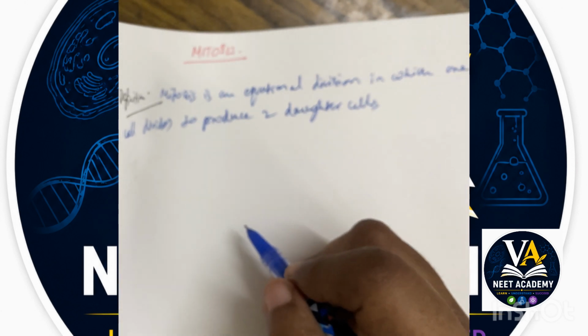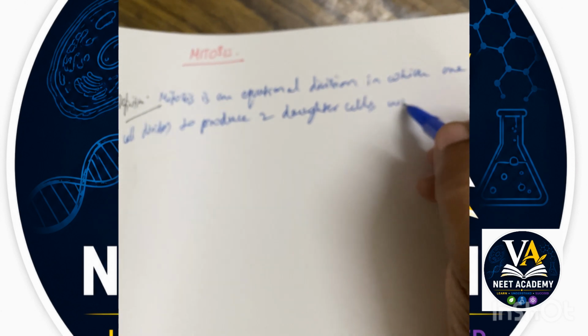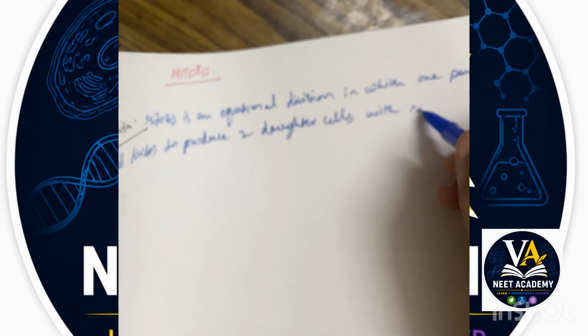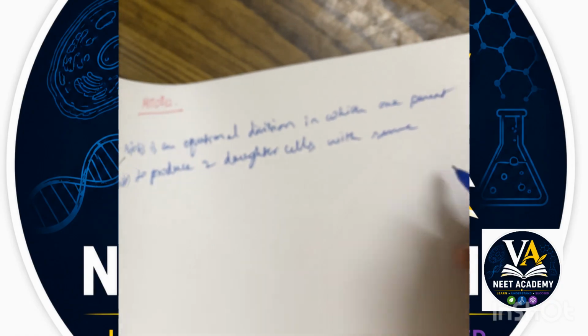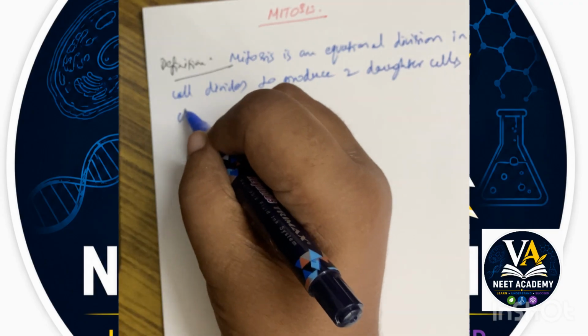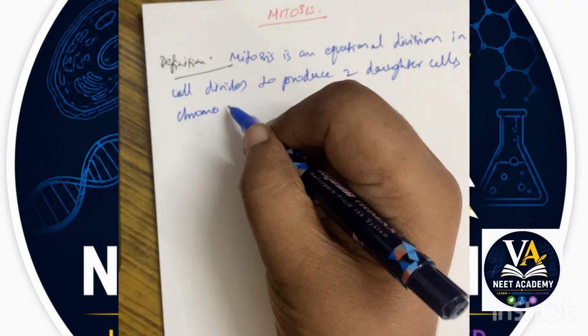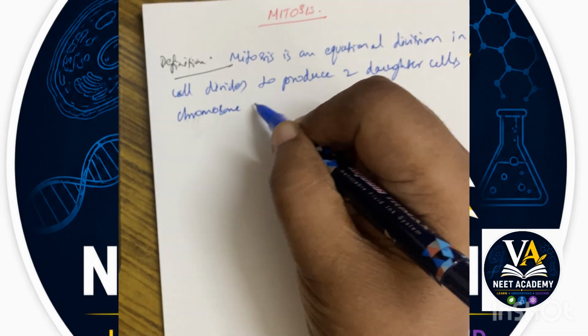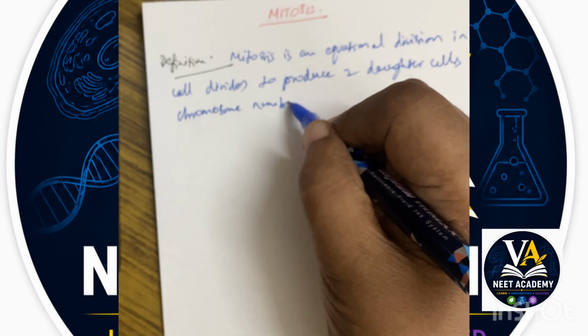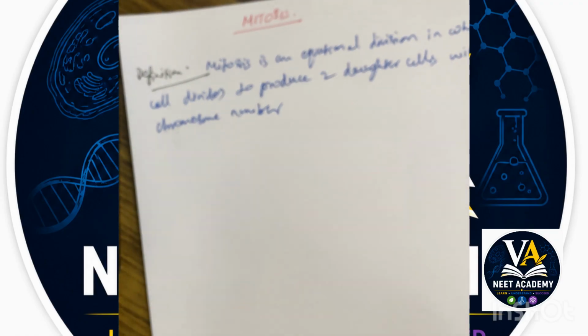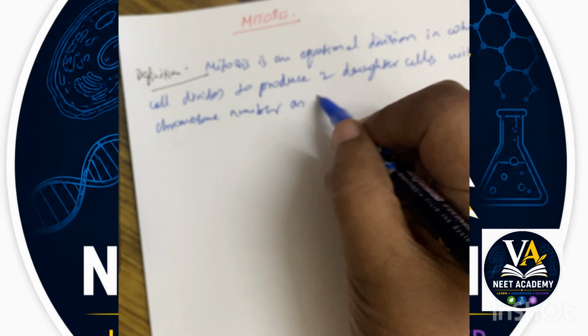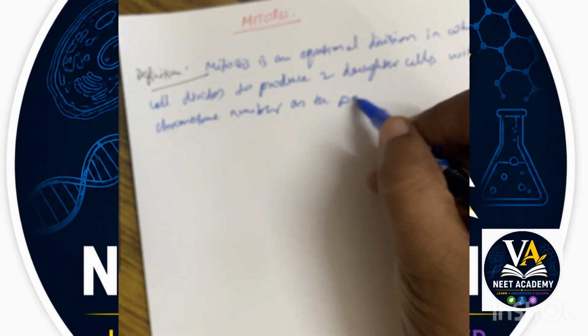And these two daughter cells have the same chromosome number as the parent cell.